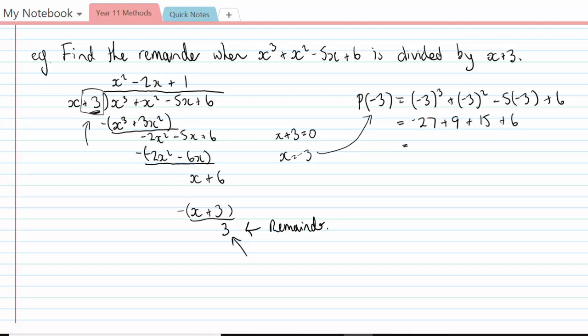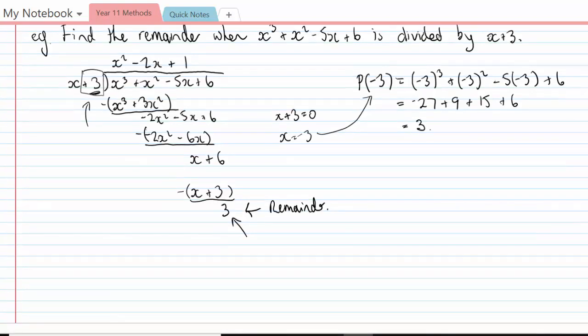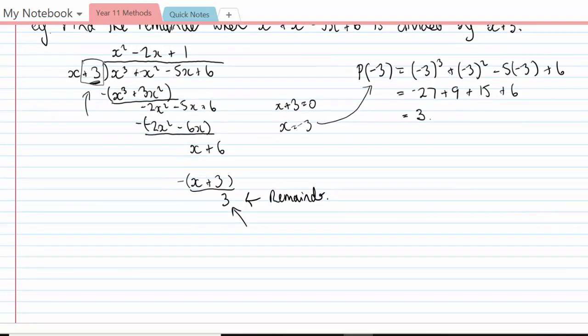And that's really negative 27 plus 30, which is 3. So this is a really powerful thing. And obviously that took 3 lines of working out as opposed to 6 or 7 lines of working out. So I think that it's a much better way to go about doing these problems.